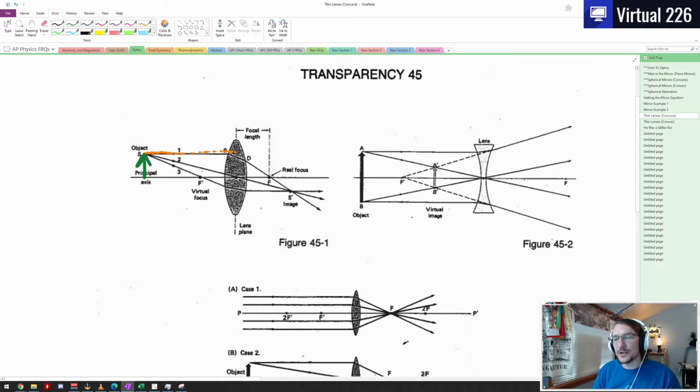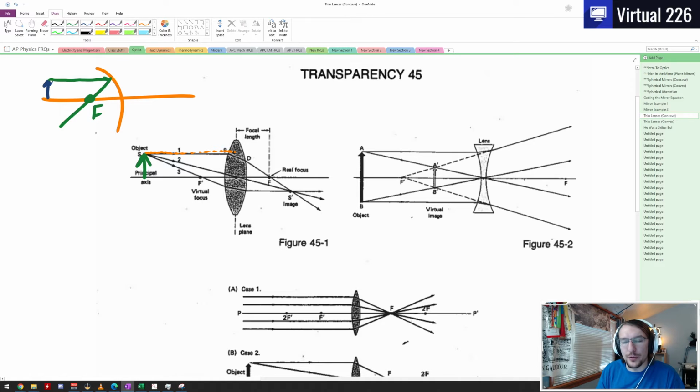And just like for mirrors, when we had a concave mirror, our first ray struck the mirror, and when it reflected out, it went through the focal point. That's the same thing that's going to happen here. Our light ray is going to bend through the lens, and as it bends, it's going to pass through the focal point, right there. So first the light strikes flat, and then it goes through the focal point.